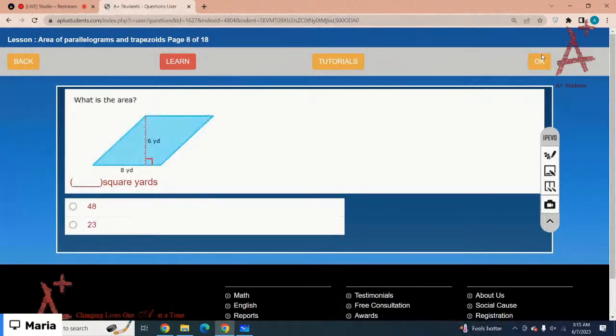You have to do 8 times 6. So you have to do base times height. It would be 8 times 6 is 48.